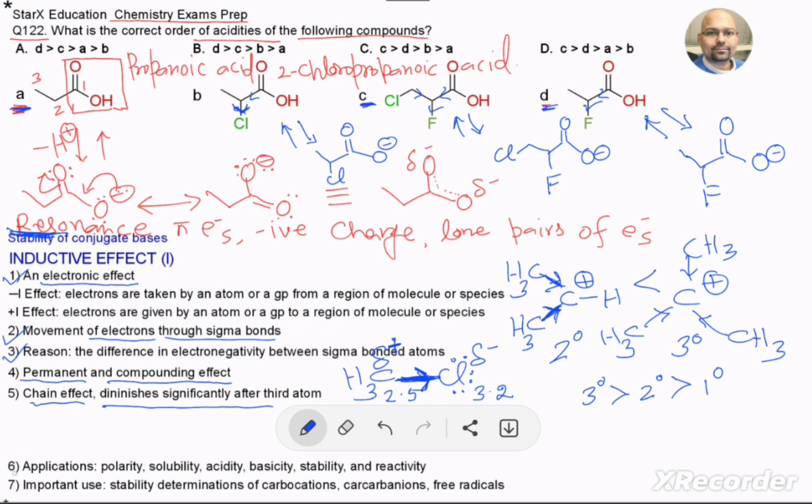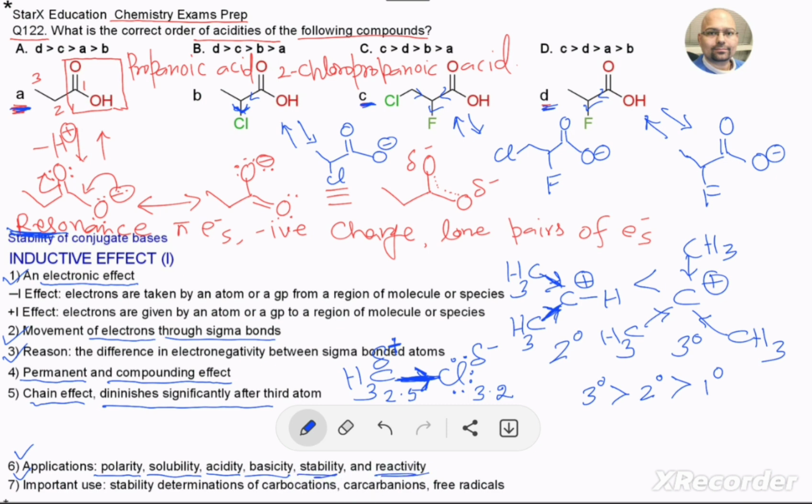And so the last points here are their applications. What can we do with the inductive effects? So the inductive effect can explain the polarity of molecules and hence the solubilities. Like dissolves like. So the polar molecules will be soluble in polar solvents, and non-polar hydrophobic molecules like benzene would be soluble in non-polar solvents like hexane. It also helps us determine the acidity and basicity of the compounds, and also, as we saw here, the stability and reactivity.